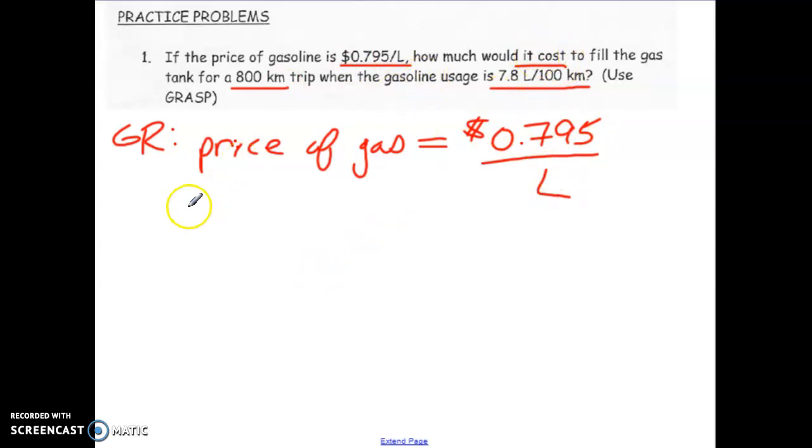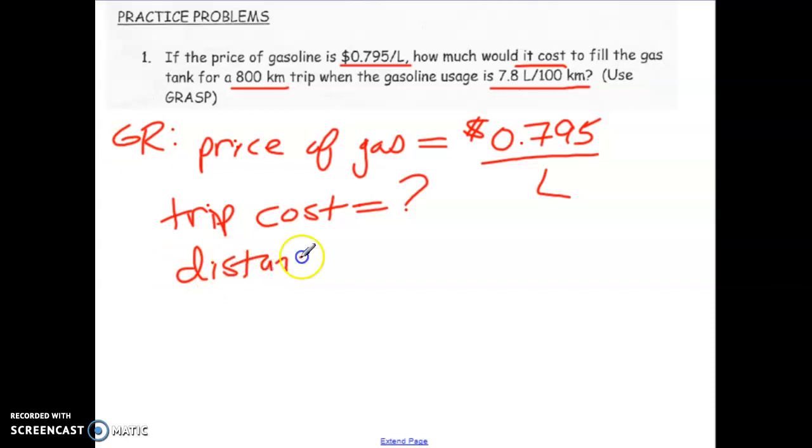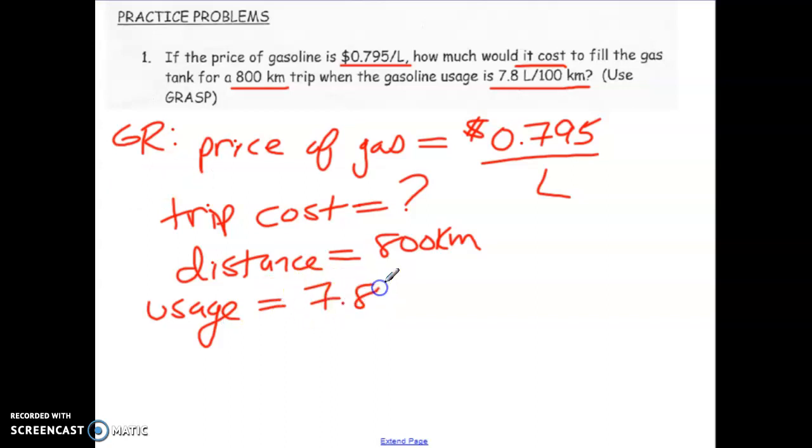We're looking for the cost, so the cost of the trip is what we're looking for. That's our required. We have a distance, so the distance we are traveling is 800 kilometers. And we have the usage of the car, which is 7.8 liters for every 100 kilometers.